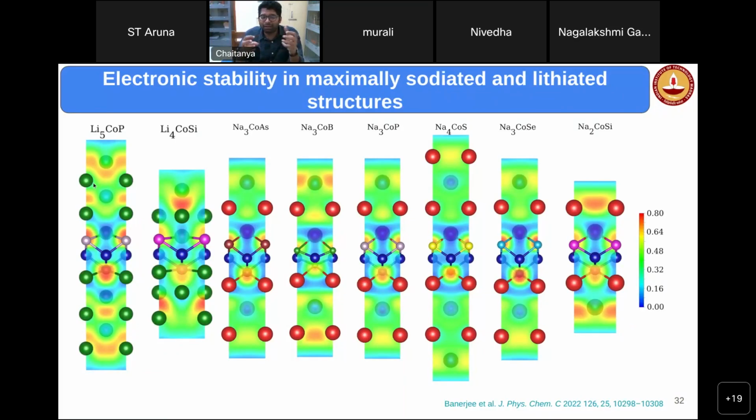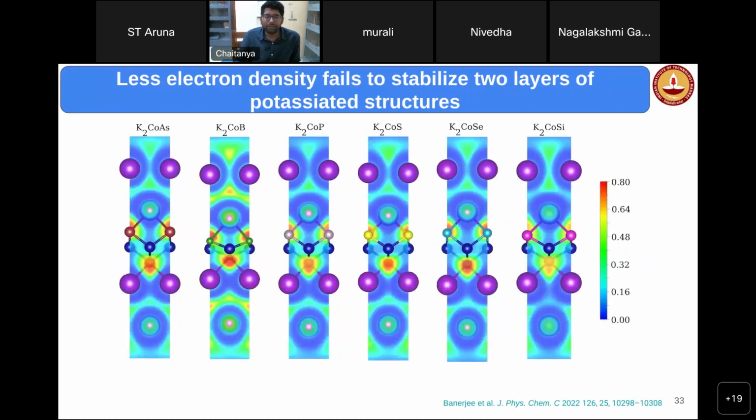So between these ions, there is some electron cloud to stabilize in the cases of lithium and sodium. Whereas for potassium, there is no electron cloud between these two, suggesting that they have a very strong repulsion, which prevents it from absorbing further. This is the major reason for potassium being able to absorb only up to one layer, and this is our interpretation at least.